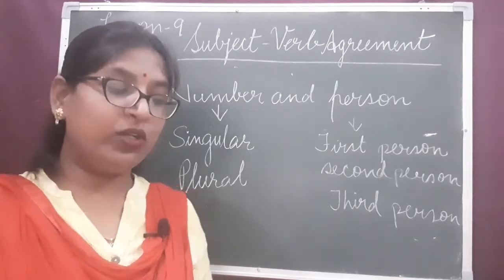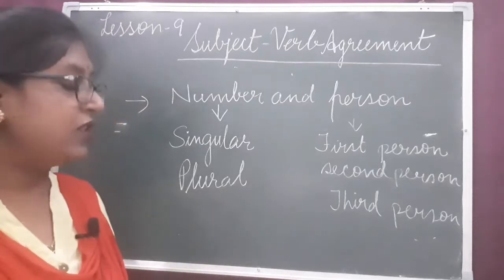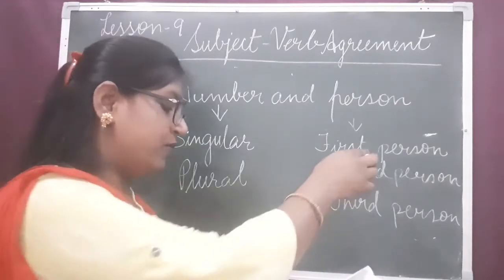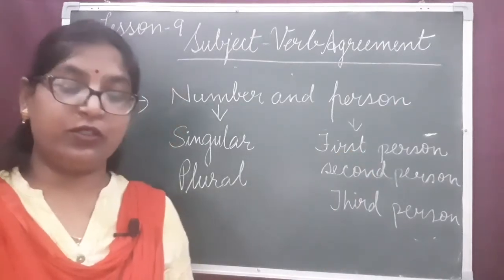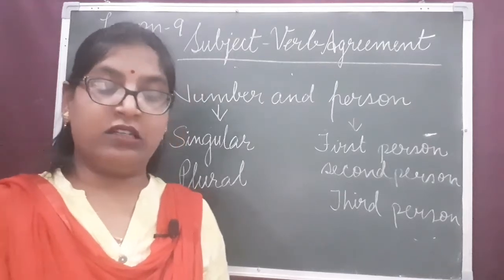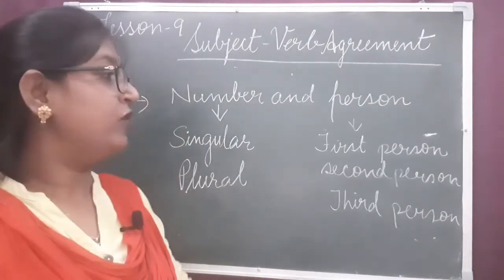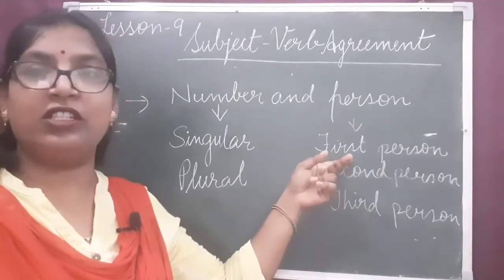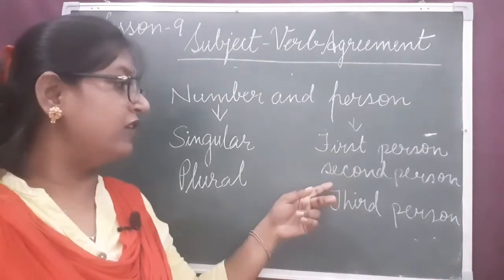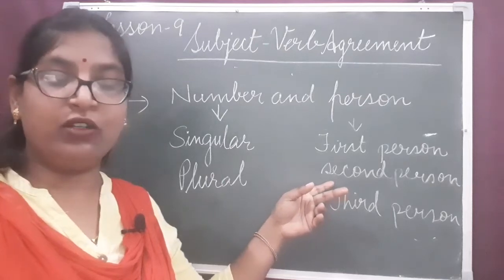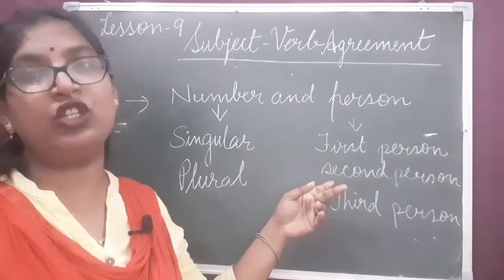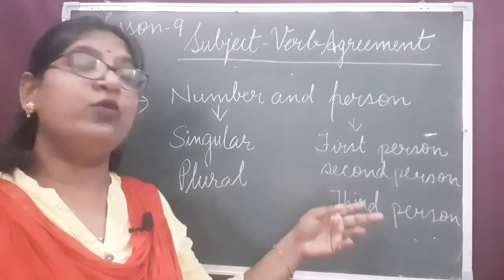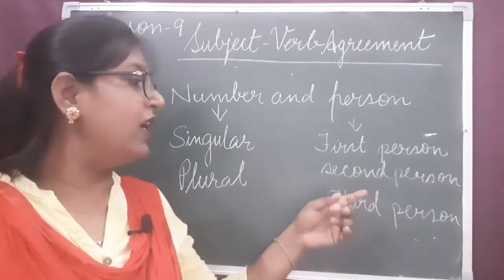And person, the first person means, the first person denotes the speaker. First person means who is speaking. Second person denotes the person spoken to, to whom we are talking.